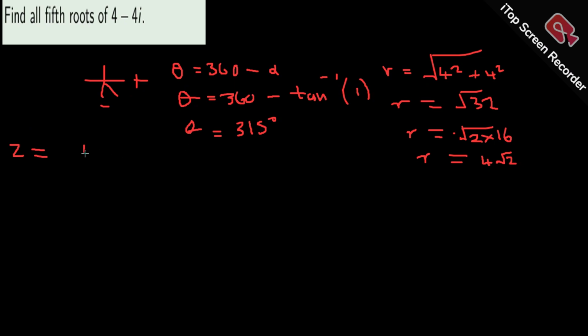So we have 4 root of 2, then cos 315 plus i sine 315 degrees. Raise the power. So since they are saying find all fifth roots, this will be raised to the power 1 over 5. This entire thing.